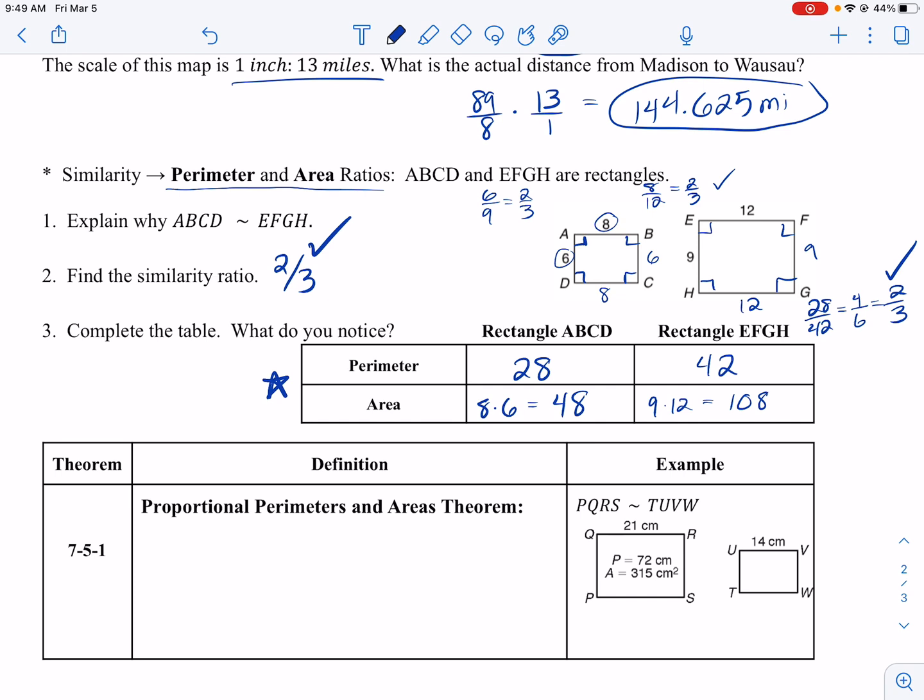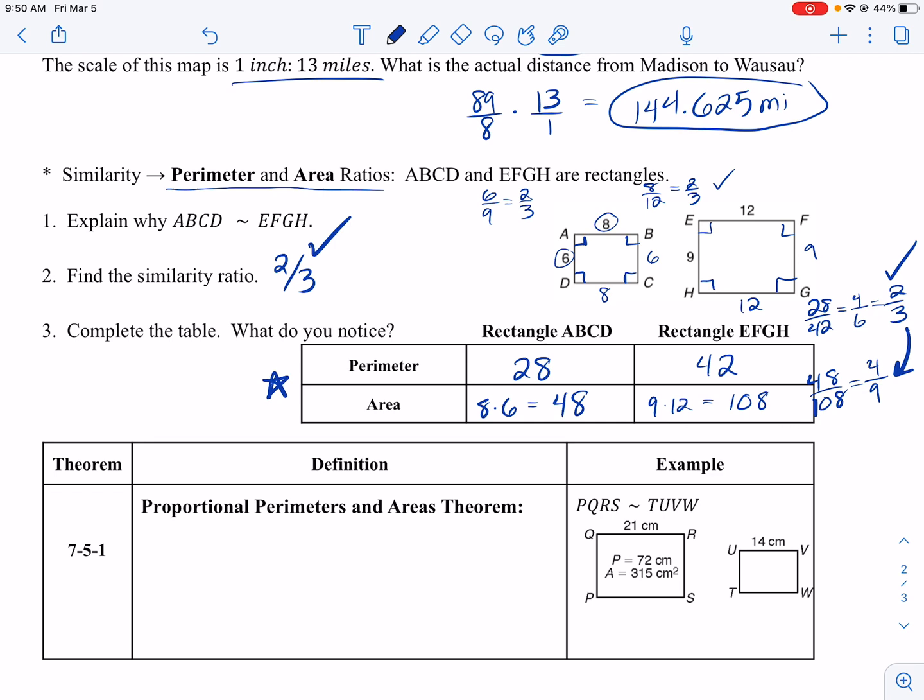How about for area? 48 to 108. Let's reduce these both down. 12 goes into both. 12 goes into 48 4 times. It goes into 108 9 times. We can't reduce this any further, but maybe you notice something about the relationship between the similarity ratio and 4/9.